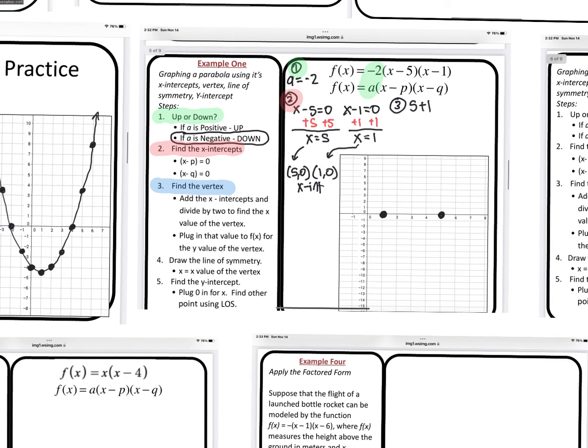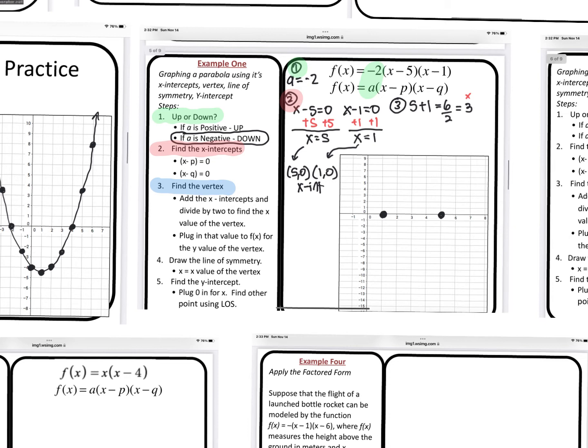Then we get 6, and then we divide that by 2, and that is going to give us 3. So we know that the vertex is going to have the x value of 3.